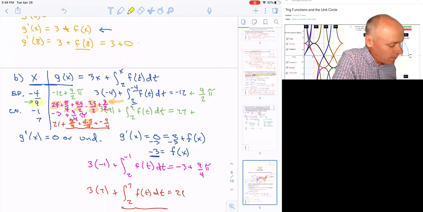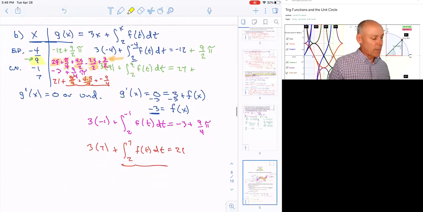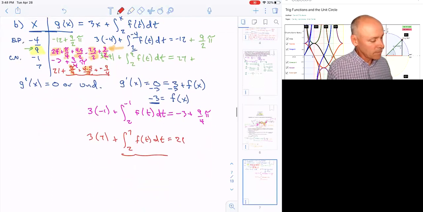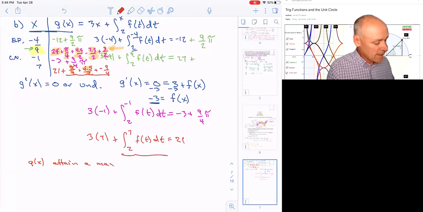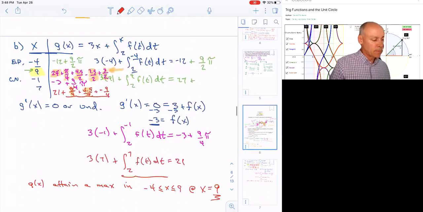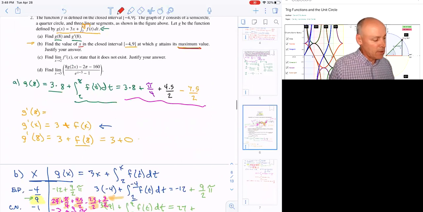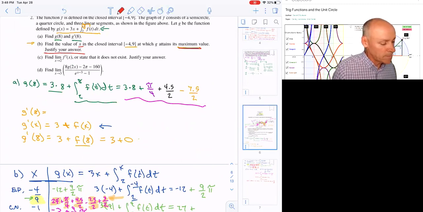I'm looking at the x value. So I'm going to say that g of x attains a max in the interval from -4 to 9 at x equals 9. The good news is that justification is what I have for my table.